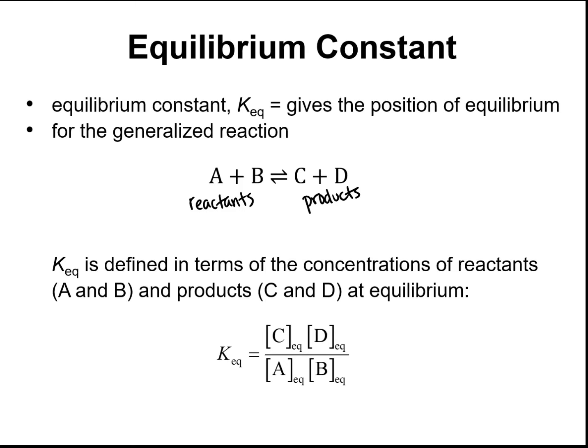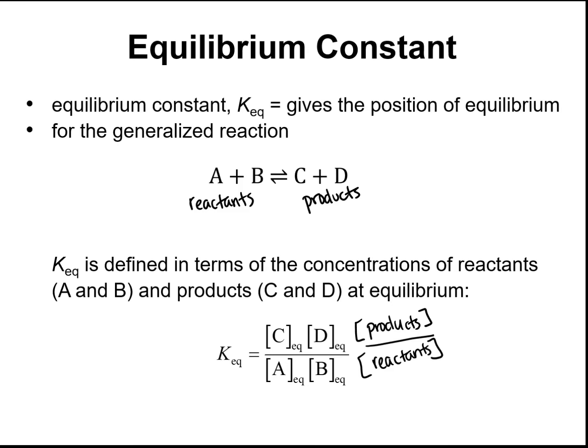The equilibrium constant, or the Keq, is defined by the concentration of the products over the concentration of the reactants. This may look a little familiar to you from general chemistry again.